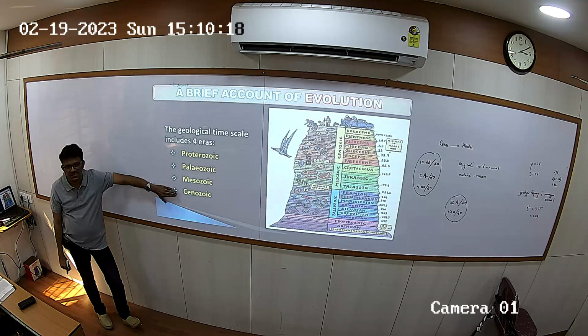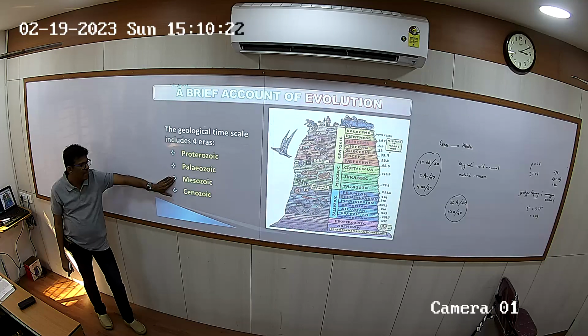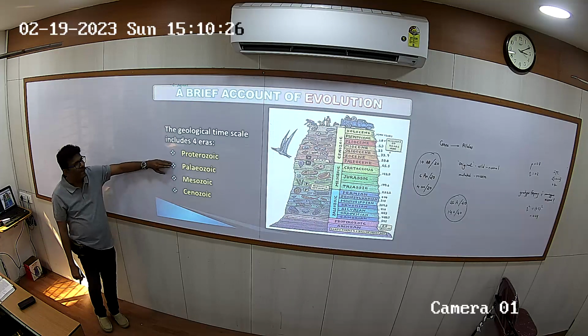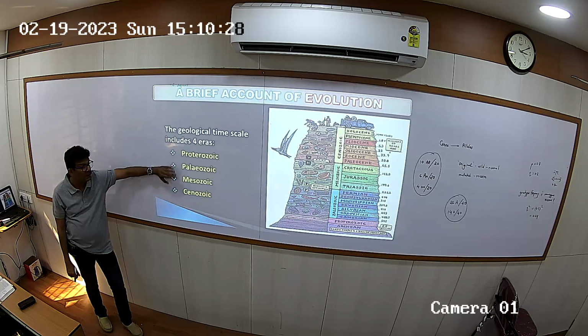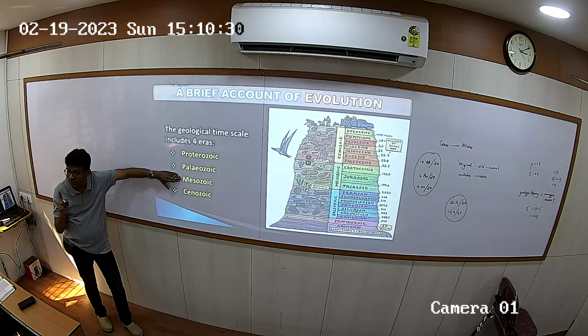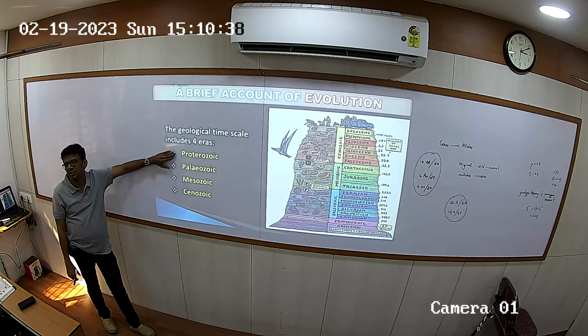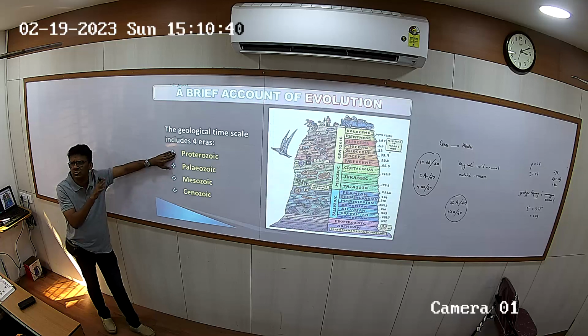The recent era is Cenozoic. Before that we had the Mesozoic era where the reptiles were dominating, the era of dinosaurs. Mesozoic has the Jurassic period. Invertebrates dominated in Paleozoic, along with primitive forms of plants and animals.